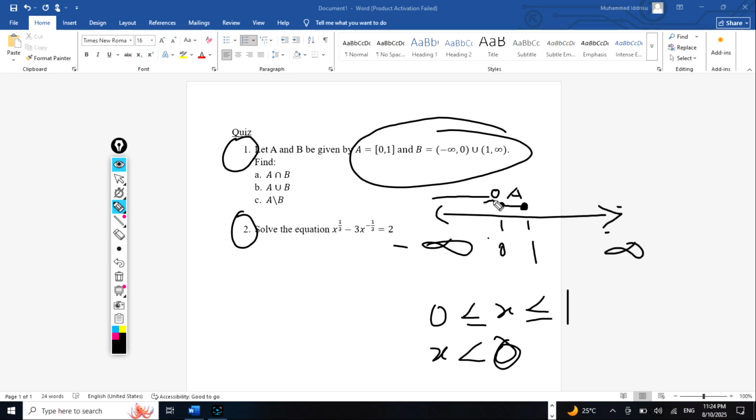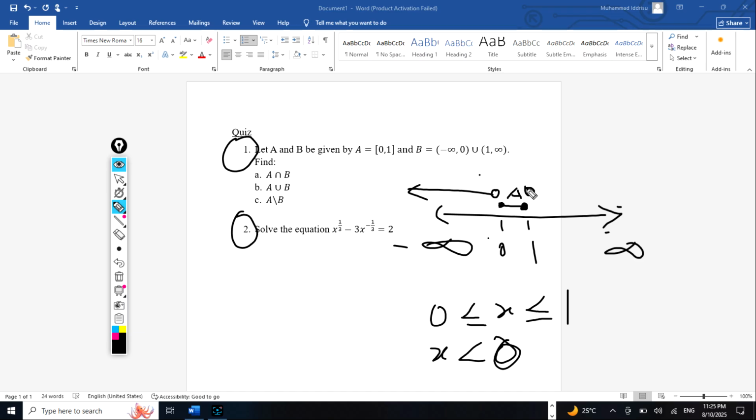Okay, oh, it's not fine. My diagram, my drawing is not fine. Okay, let me just take this and let me get rid of this. Okay, this is a little bit better. Then the other part of B is 1 to infinity. So I have an open circle.